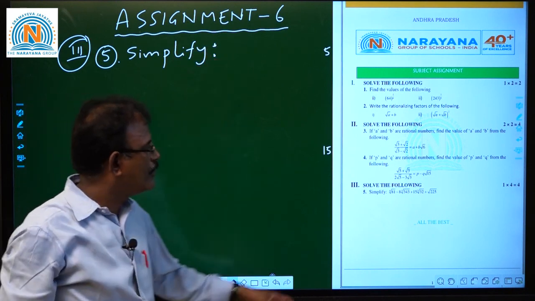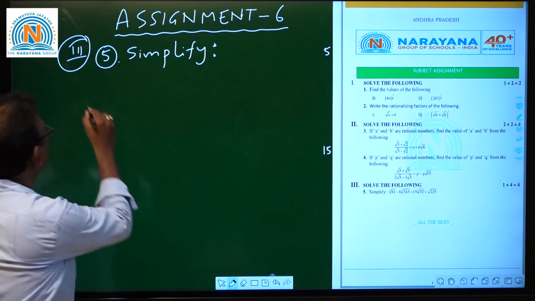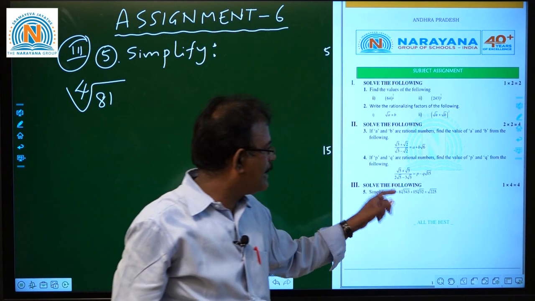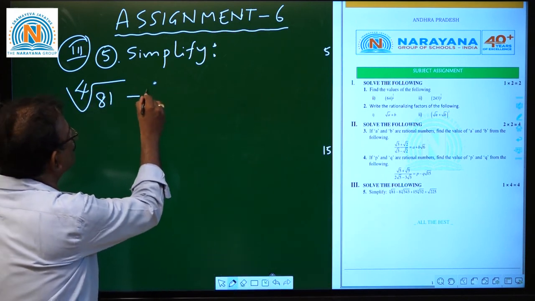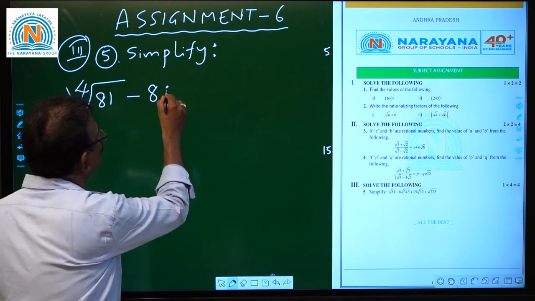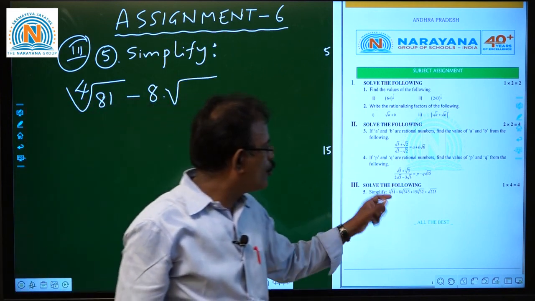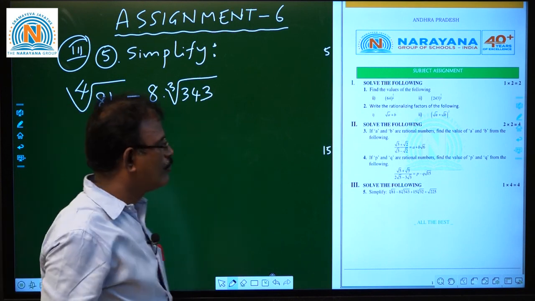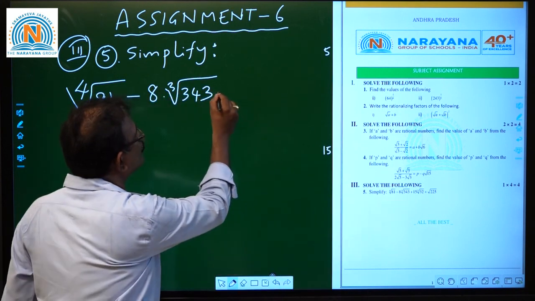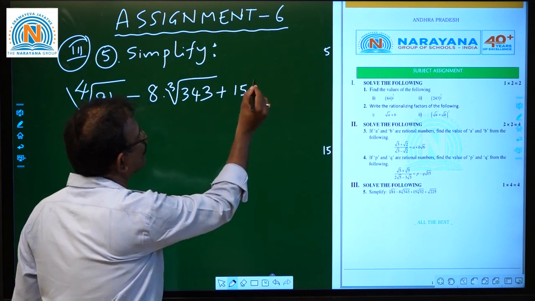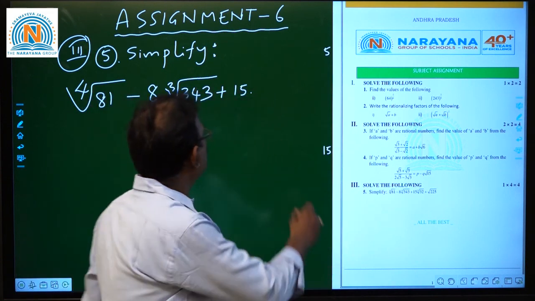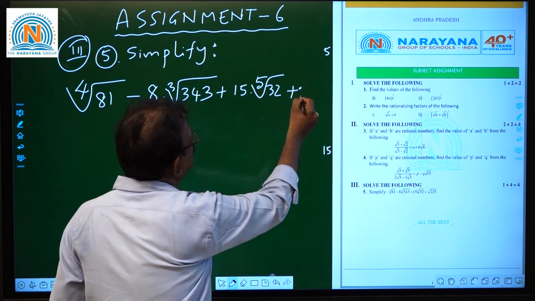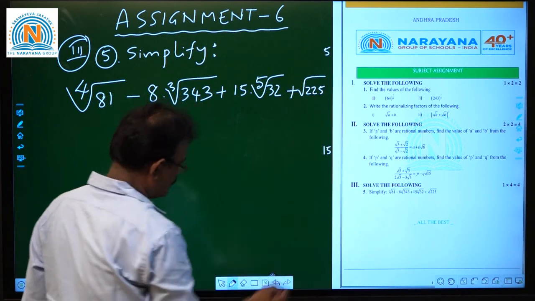Simplify 4th root 81 minus 8 into cube root 343, okay, plus 15 into 5th root 32 plus square root of 225.